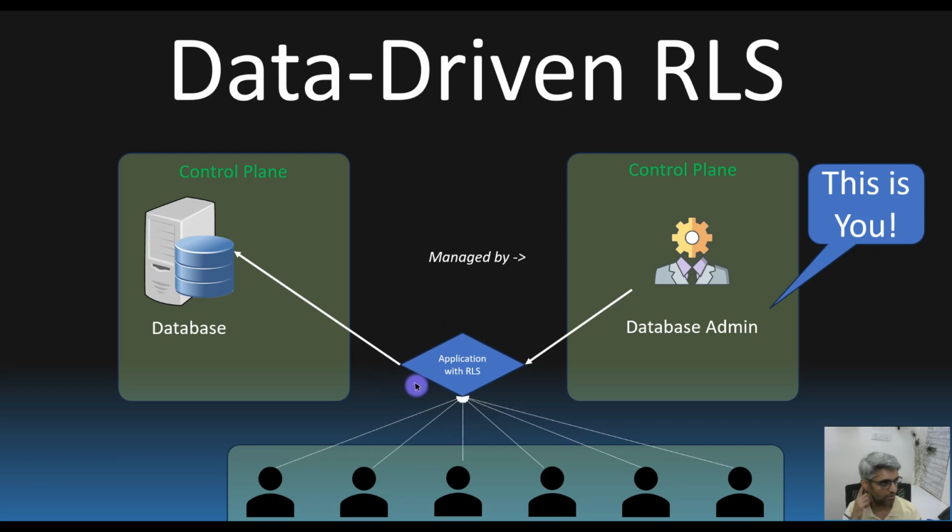I'll give you an example. Imagine a scenario where you have built a web application. Let's say it's a dashboard, and you want your different users to access this dashboard. However, based on the user credentials, you want to limit the data that is shown in the dashboard, right? You don't want to show all data to all the users.